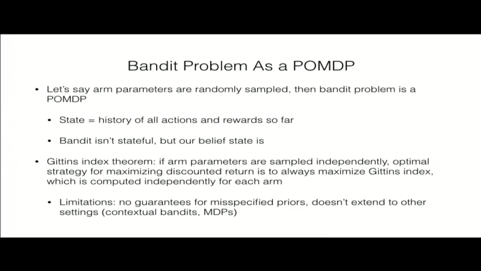So the way we turn this into a POMDP is we say that the state of our system is the history of all actions and rewards we've gotten so far, which is going to determine our posterior probability over the problem parameters. The bandit itself isn't stateful, but our belief state is the stateful part.